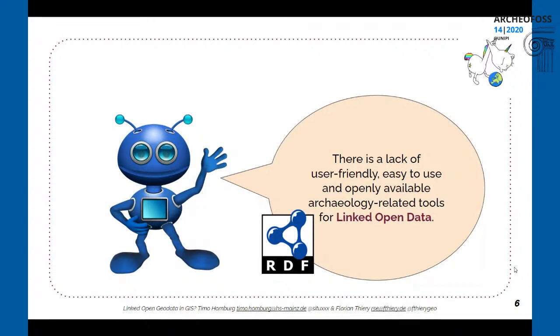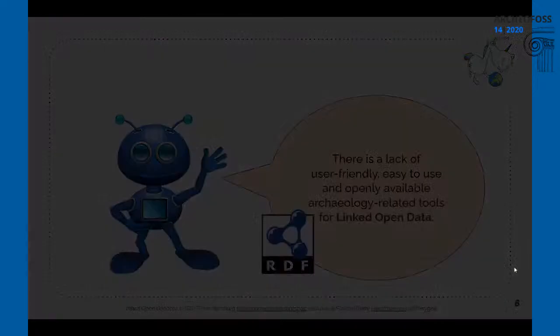So basically you might need to learn the query language to get access to linked open data, and this is a huge hurdle that we would like to ease by developing appropriate tools. And one of those tools, the Sparkle Unicorn, is what we want to present today.